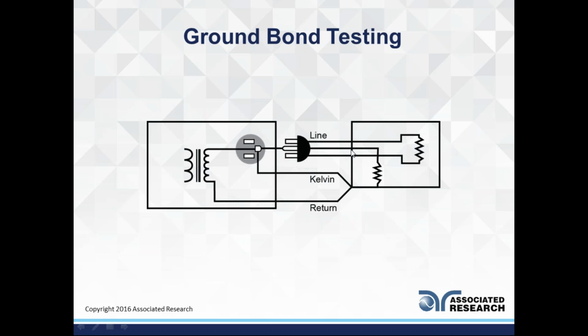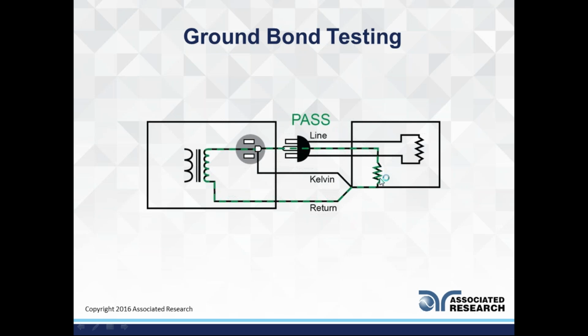That current will be going through your ground wire. This is the resistance in your ground wire. That current will return to the source, but the measurement is being made at the DUT connection, therefore mitigating any resistance from our leads. In an ideal situation, that current will flow through.